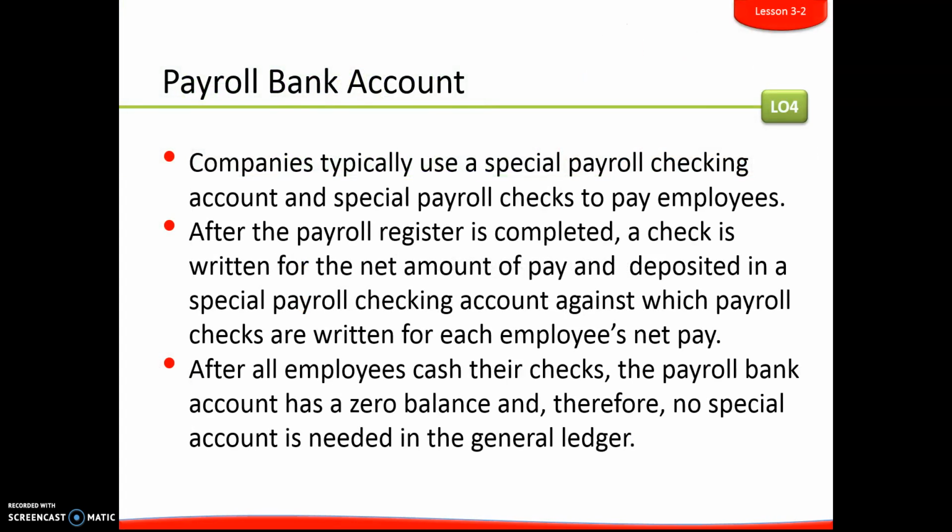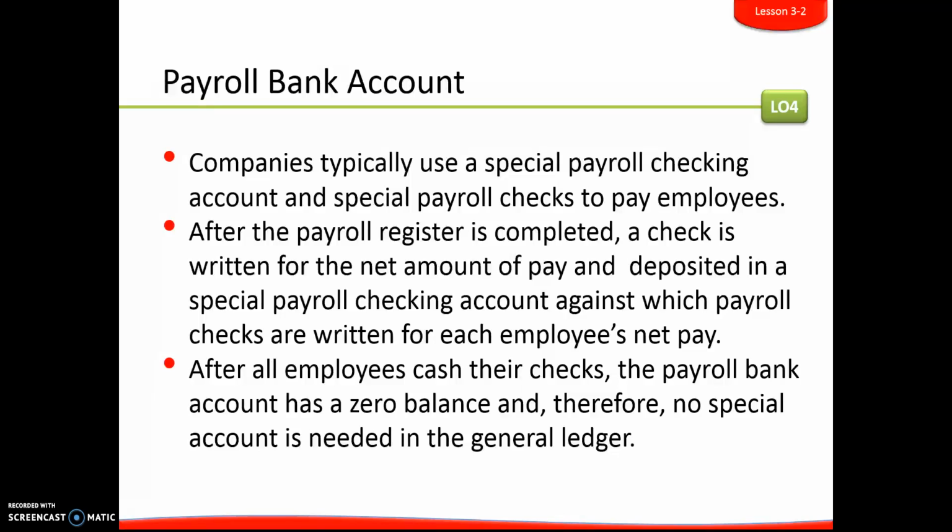Companies usually, when they are going to pay their employees, have a special checking account specifically for payroll. So they write one large check and put it into their payroll checking account. And then from the payroll checking account, they write payroll checks to each employee.